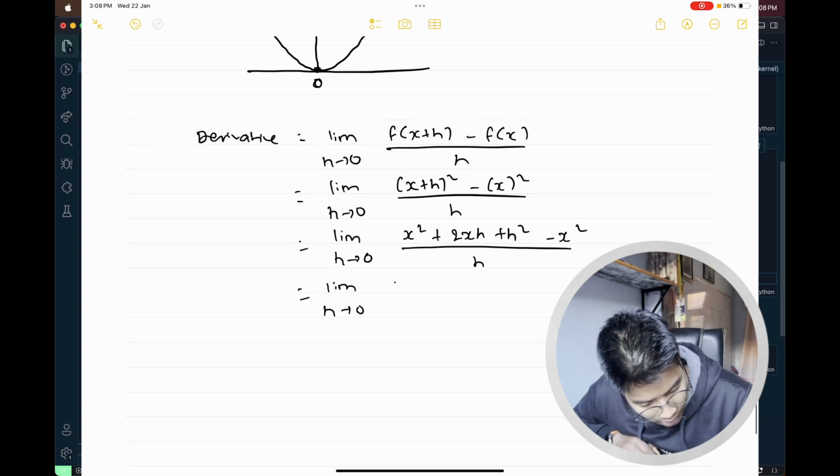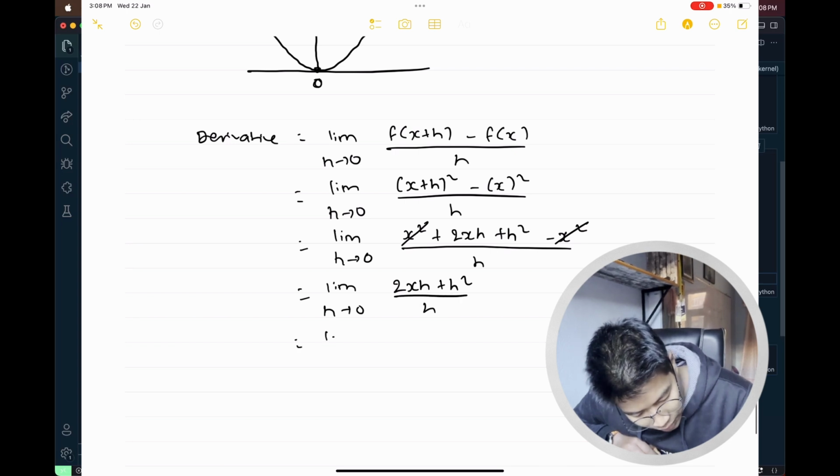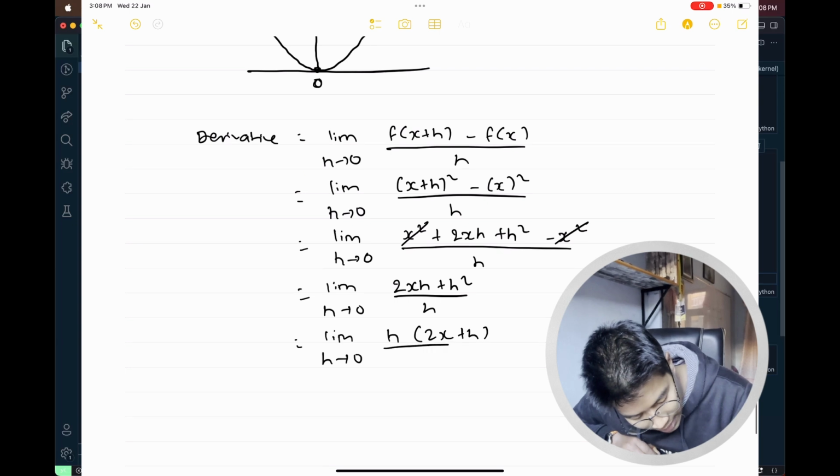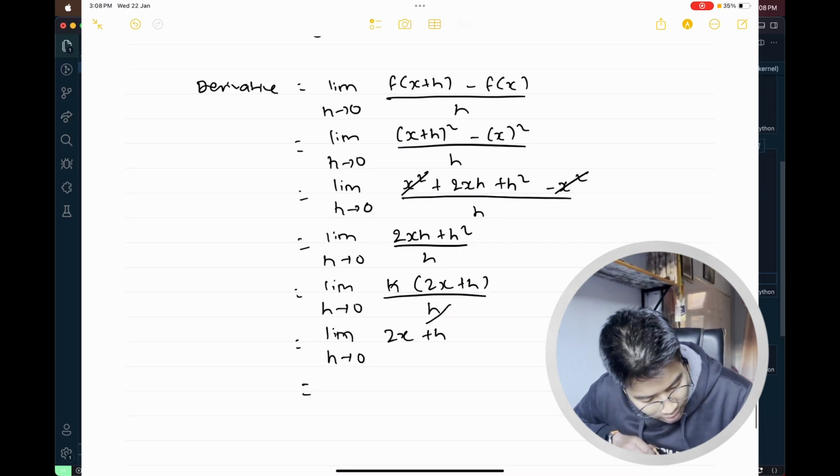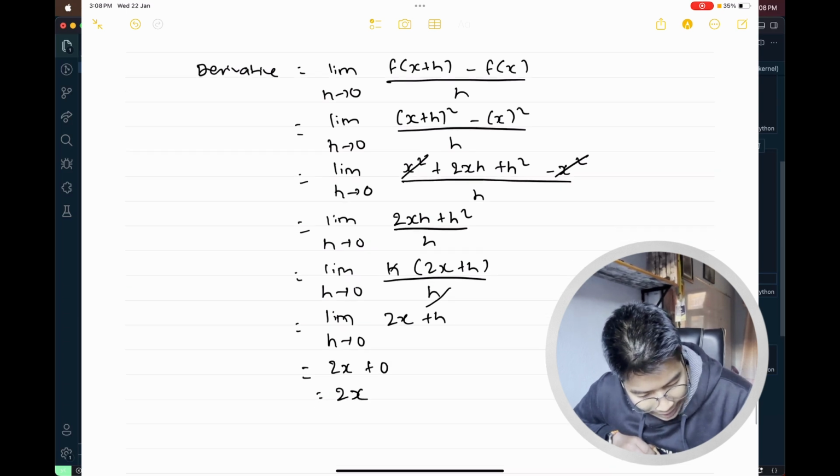So x squared goes away, you get 2xh plus h squared divided by h. You can take that h as a common factor, you get 2x plus h, and h goes away, right? And limit as h tends to 0 of 2x plus h, your h is 0, so you could plug in 0 and you get 2x, okay?